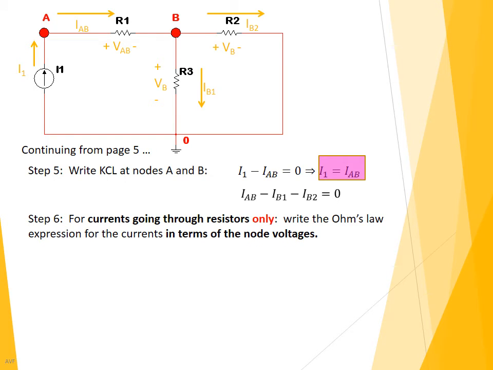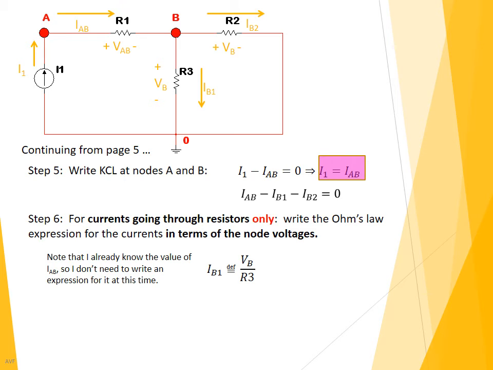For currents going through the resistors only, we're going to write Ohm's law expressions in terms of the node voltages, and we're going to replace these expressions into the KCL equations. For the time being, I'm not going to write IAB in terms of node voltages because I actually know what the value of IAB is.